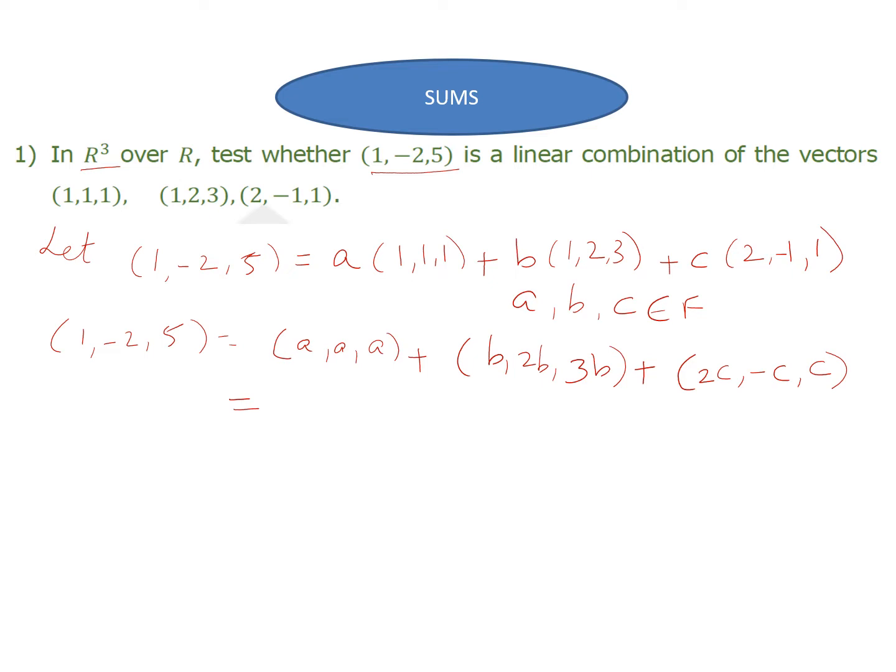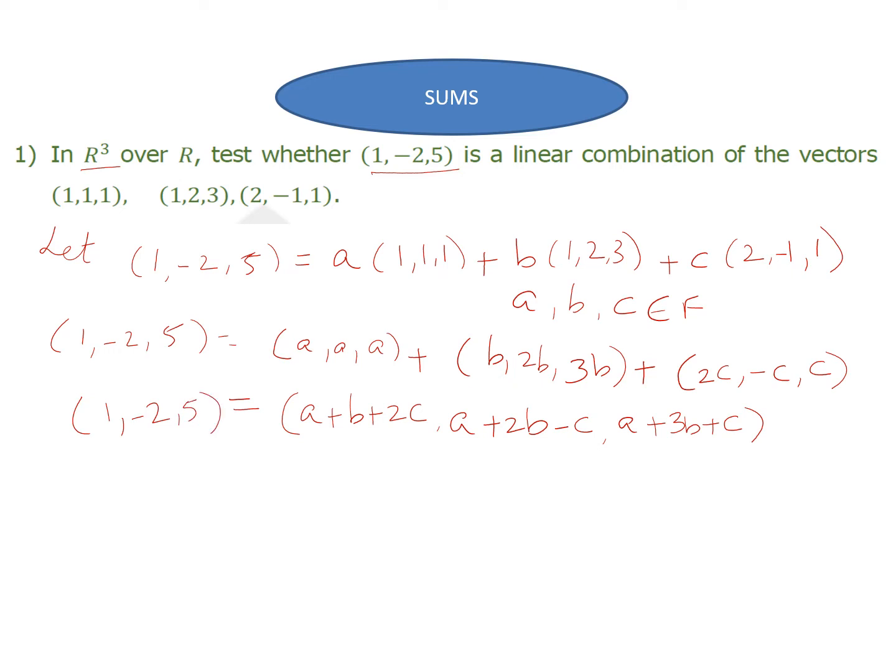Whenever we add vectors with three components, the first components get added to give the first component. So the first component is this. Second components we add. Now we go to the third component. So the given vector (1, -2, 5) is equal to this.